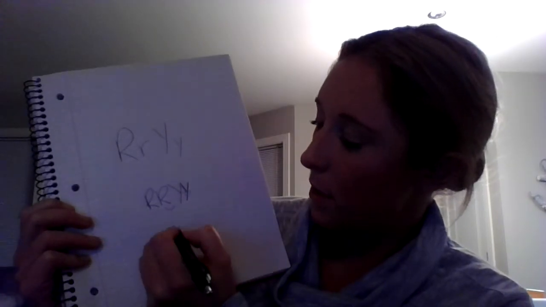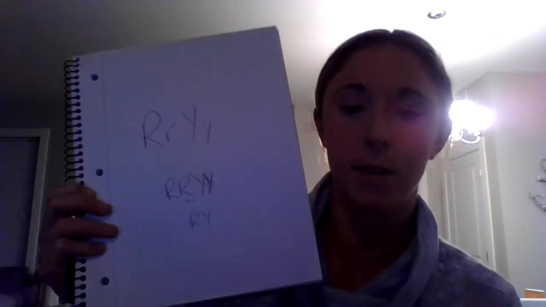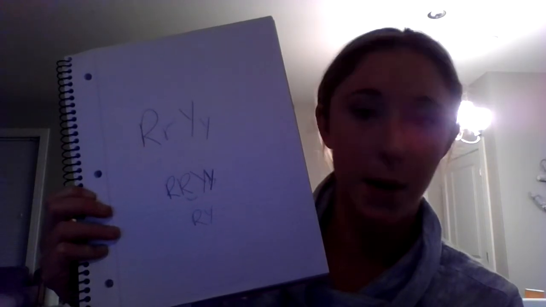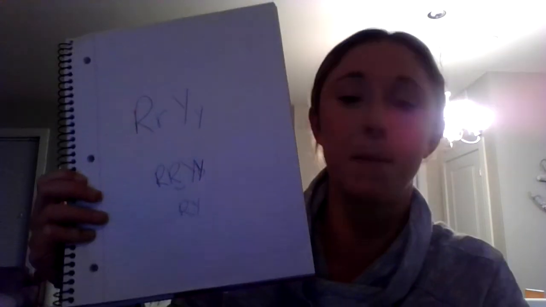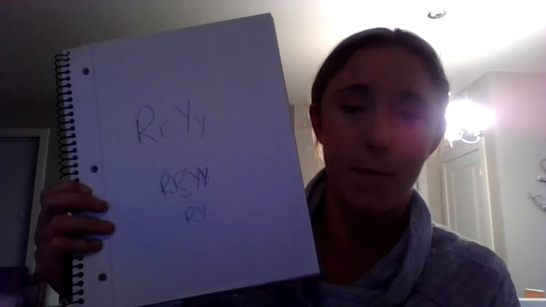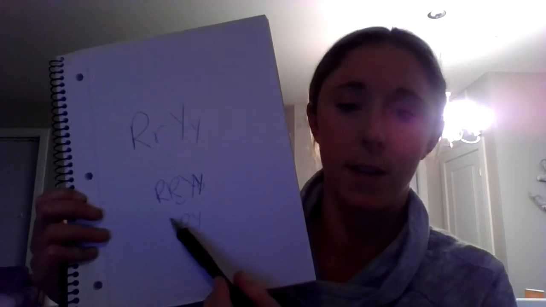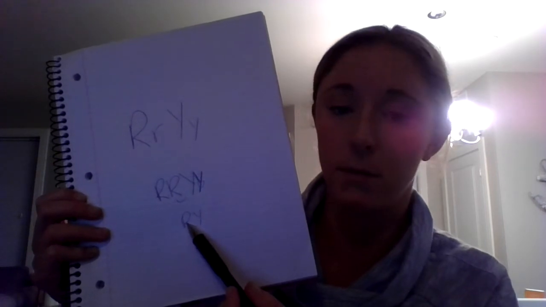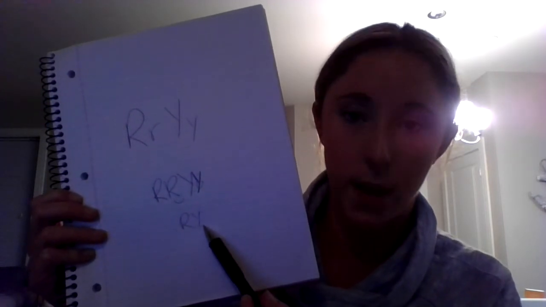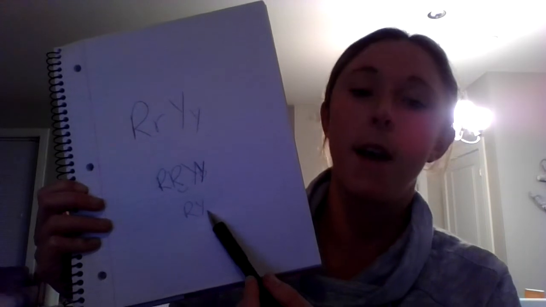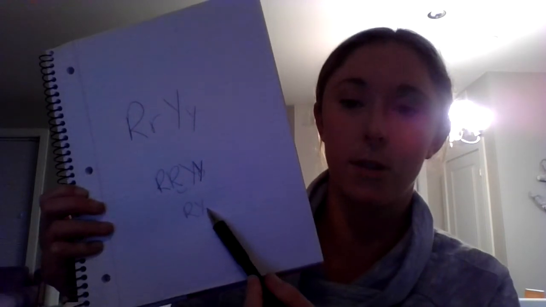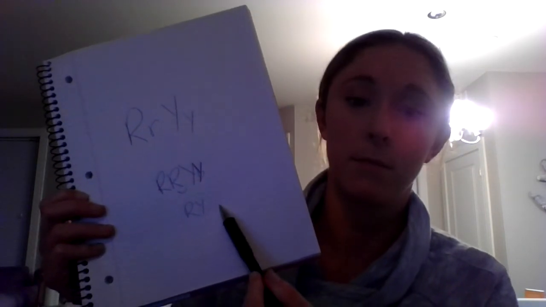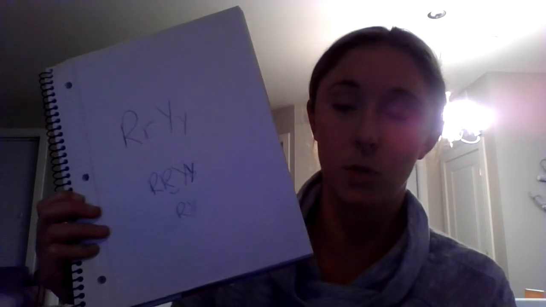Because the only thing that this guy can give his offspring are a big R and a big Y. So no matter what, every single offspring, it doesn't matter what the other 2 letters are from the other parent, they're going to have at least 1 big R. So they're all going to be round. And they're going to have at least 1 big Y, and they're going to be yellow. Save yourself time. You don't have to do it. All round, all yellow. Okay?